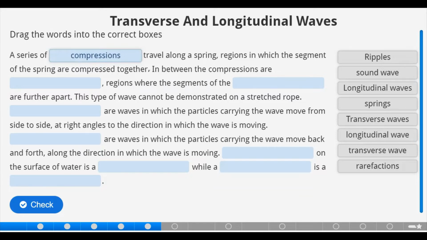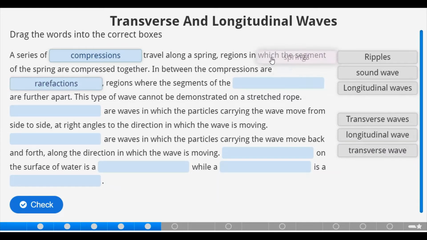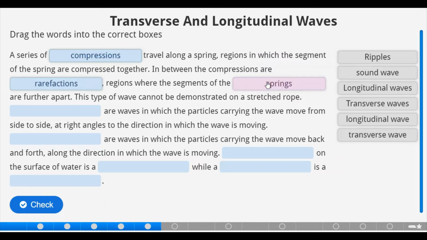In between the compressions are rarefactions, regions where the segments of the spring are further apart. This type of wave cannot be demonstrated on a stretched rope.